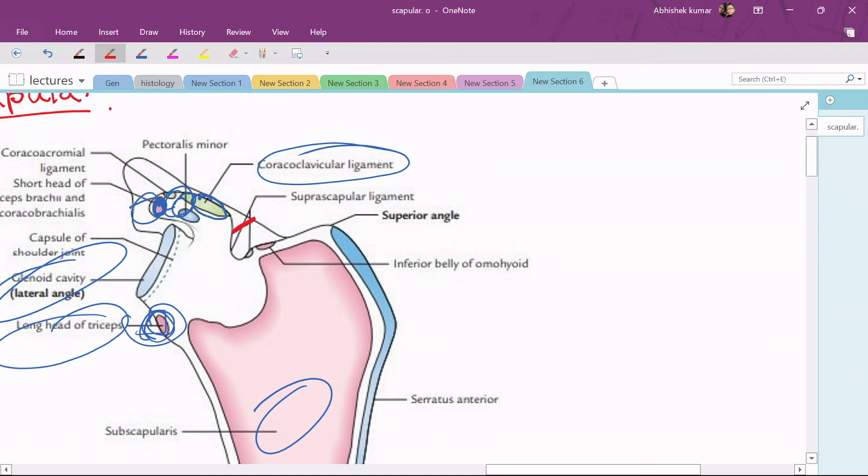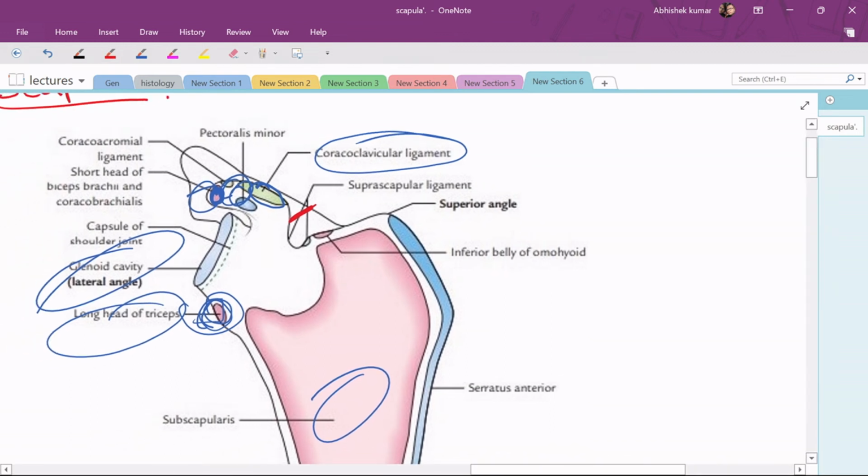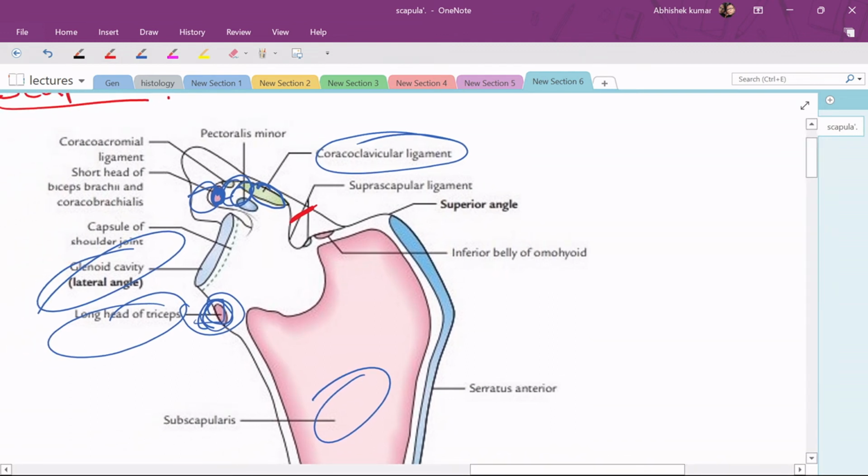A ligament is present between them, attaching the two bones or the two processes, the spinous process with the coracoid process. But sometimes the ligament ossifies, and when anything ossifies, it forms a bone.